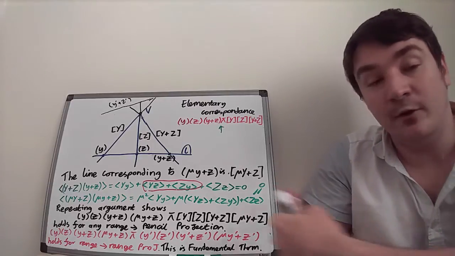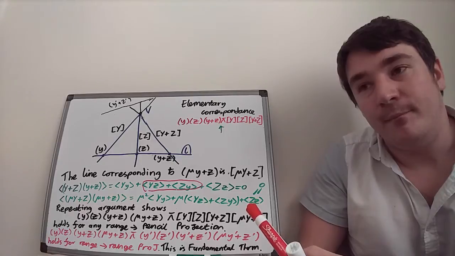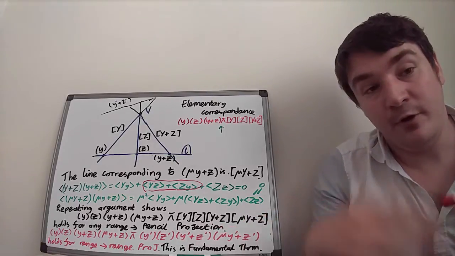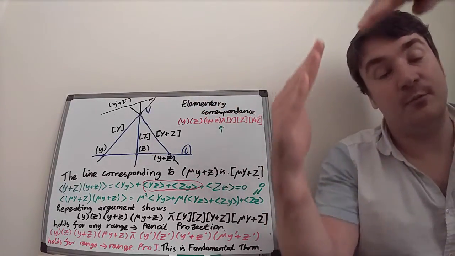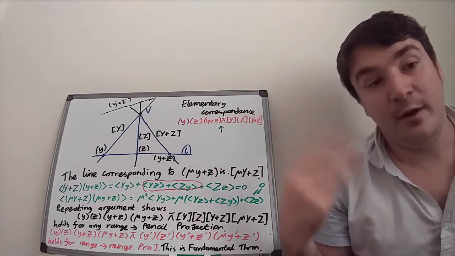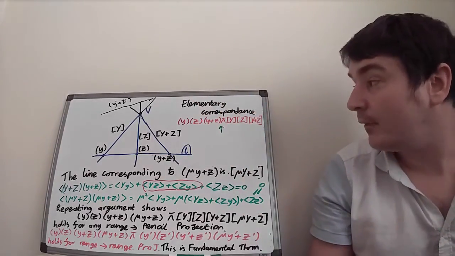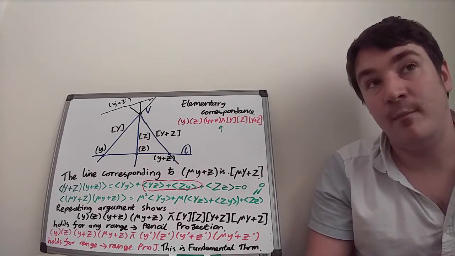So this is telling us what's necessary, what's sufficient in order to fix the entire way a projection from a range of points to a range of points works. And what is sufficient is to know 3 points and their images. So there we have it, the fundamental theorem of projective geometry.